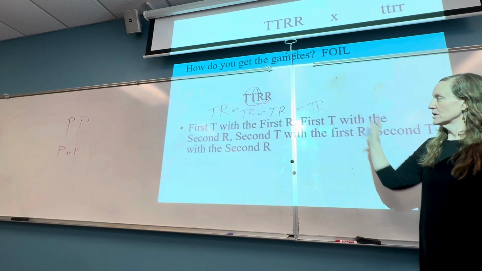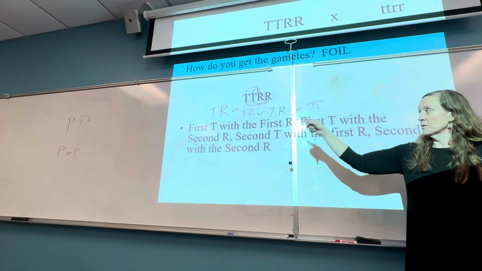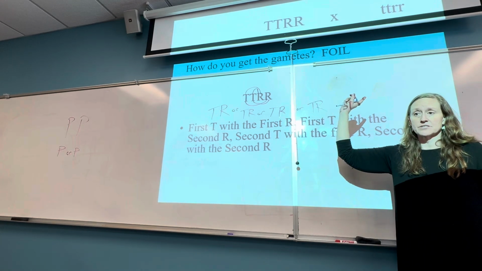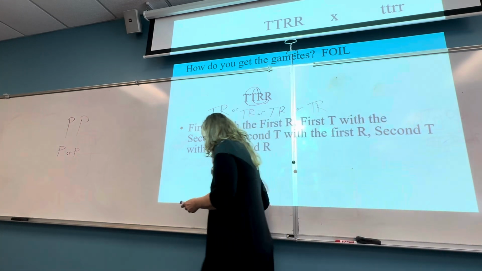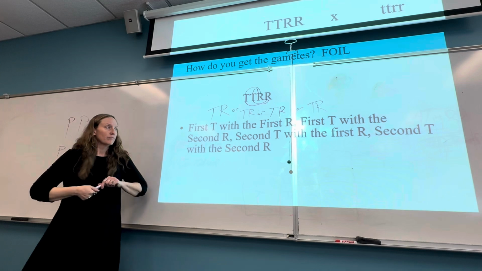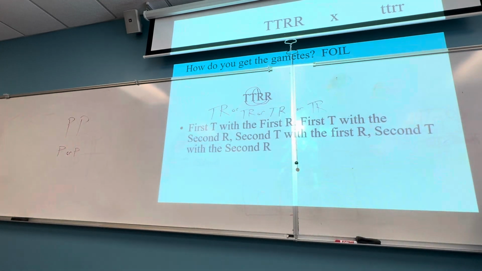So that's the way we would FOIL. It gives us all the possible combinations of these T's and these R's that this parent can give. Any question on FOIL? Nice little review from some math somewhere.